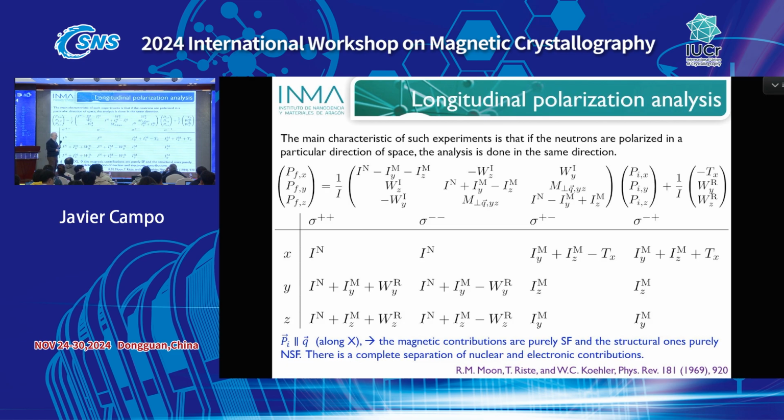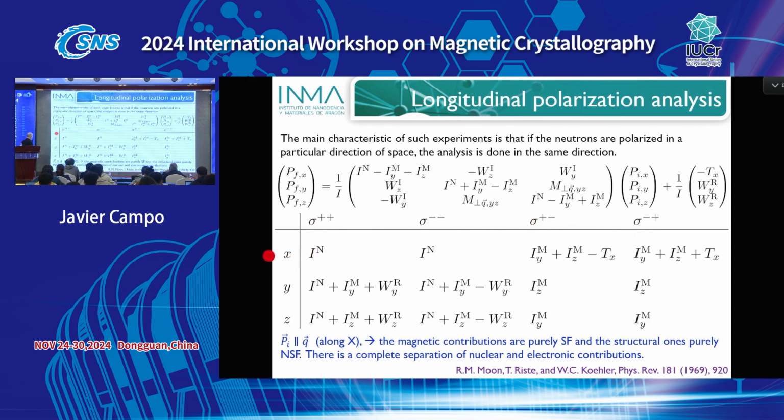Because at the beginning, people were able only to polarize in one direction and to measure in that direction, for the 3 directions. For polarization along X, they can measure up-up, up-down, down-up, and down-down.